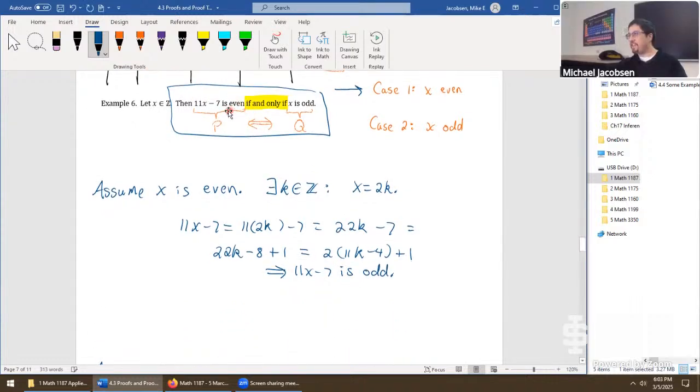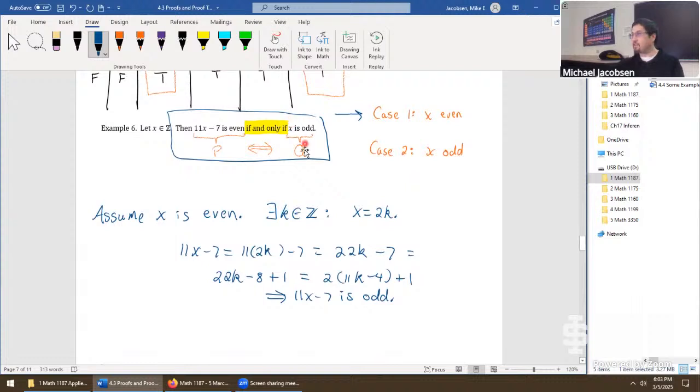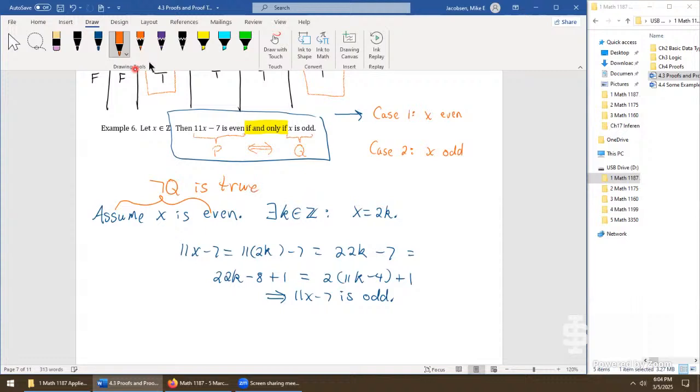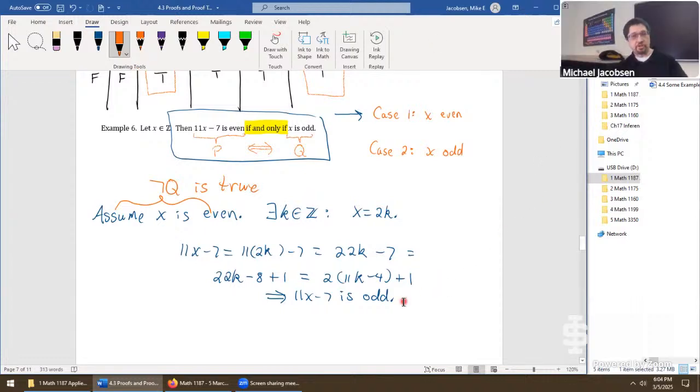Well, we would have to then view it through the lens of what's going on right up here. When we assumed X is even, you've assumed not Q is true. And then when we concluded 11X minus 7 is odd, we've concluded that not P is true.